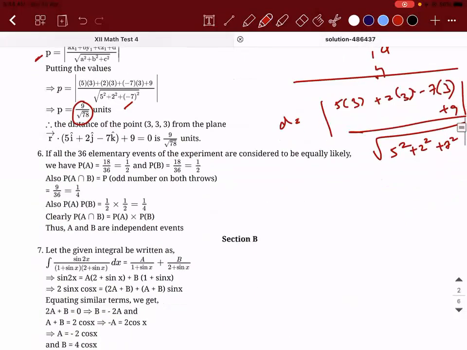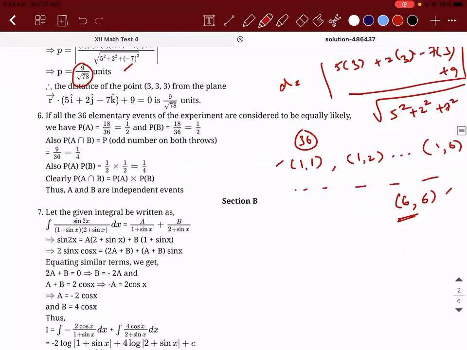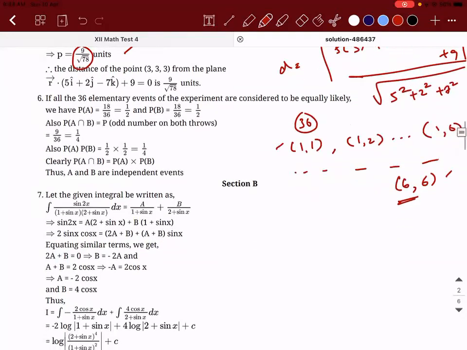Check the independence of the events. So totally, when you throw the dice, how many ordered pairs will you get? You get 36. What are the ordered pairs? 1, 1, 1, 2, so on till 1, 6. It keeps on going till 6, 6. So there are 36 elements or events that are going to occur.